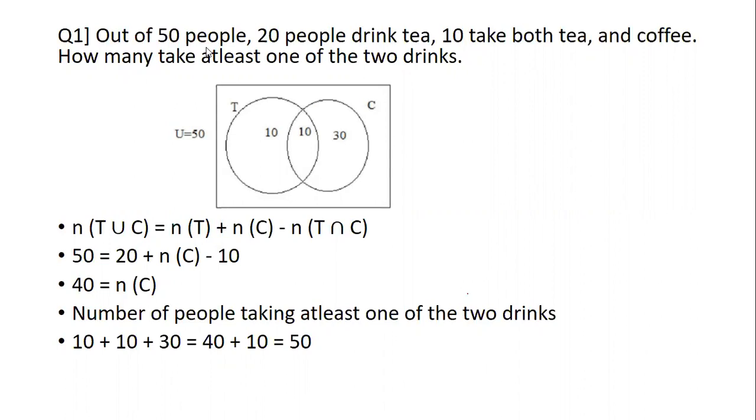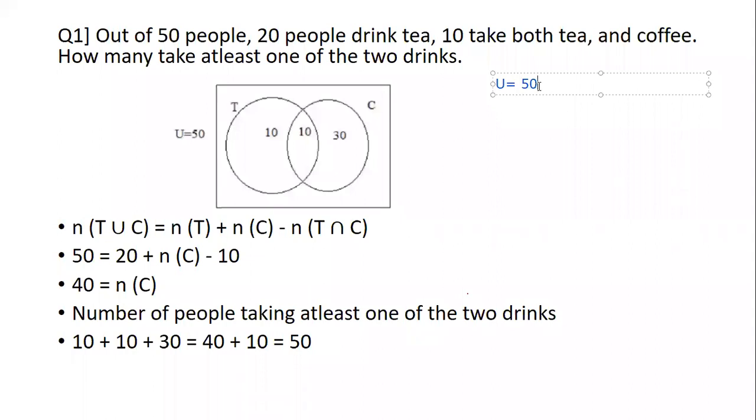So first, what do I have? I have 50 people. So the total is 50, correct? So I can take it as the universal set. n of U is 50.